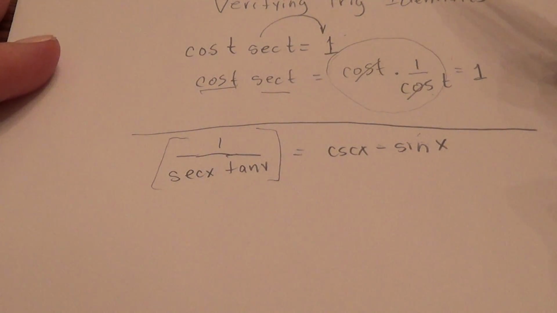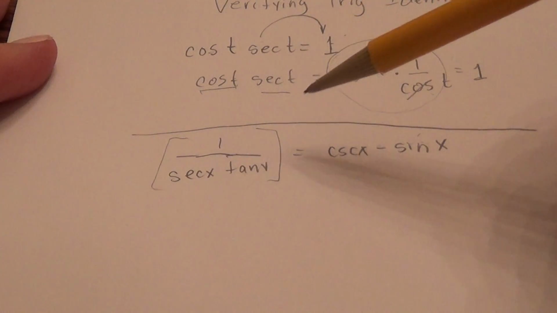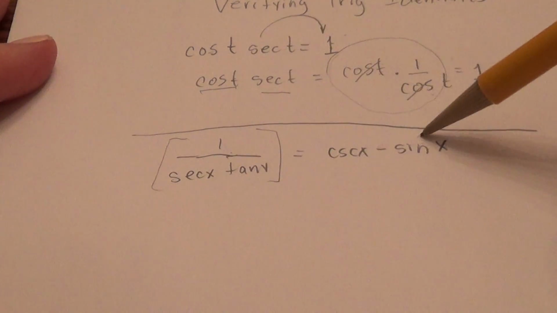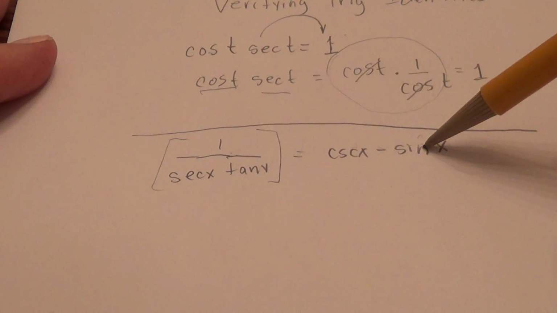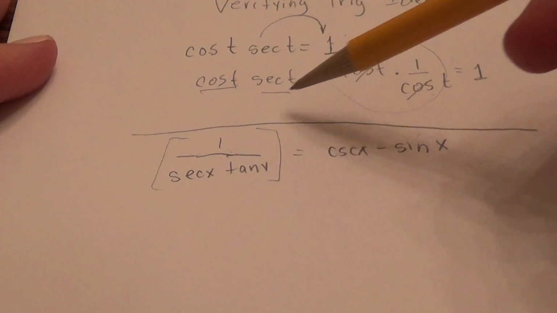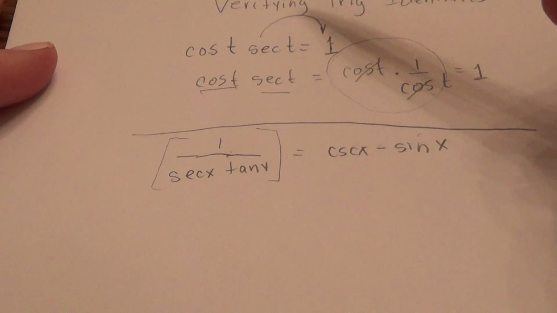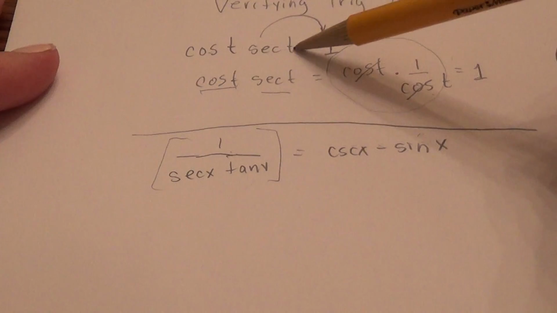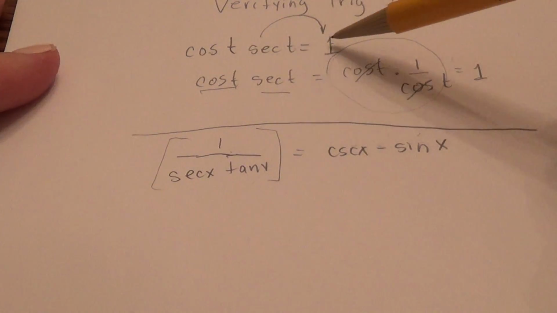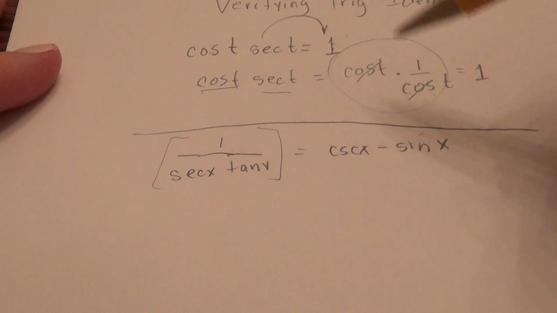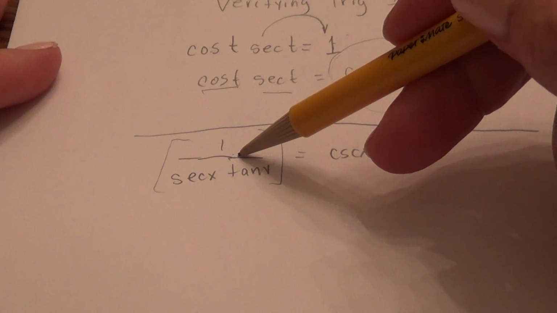So I want to introduce at this point that a lot of times when you have one term on one side and two terms on the other, it's easier to start where the two terms are and try to go back to the one term. I taught you that in verifying trig identities, rewrite the left till it looks like the right, but it's just as valid to take the right and make it look like the left.